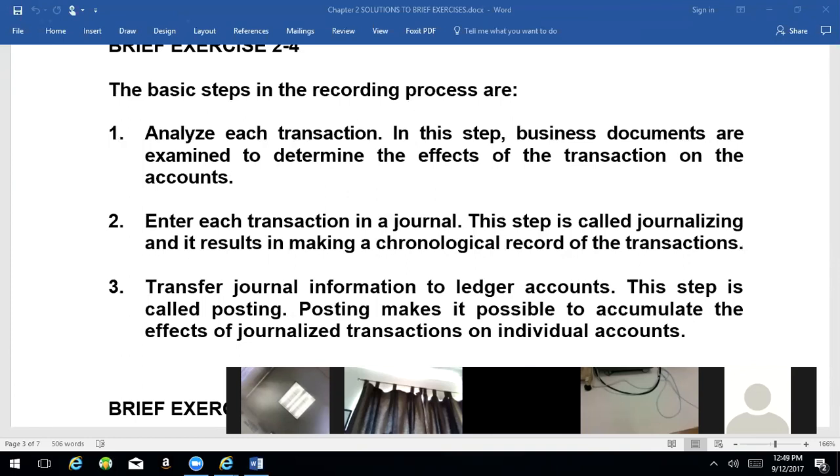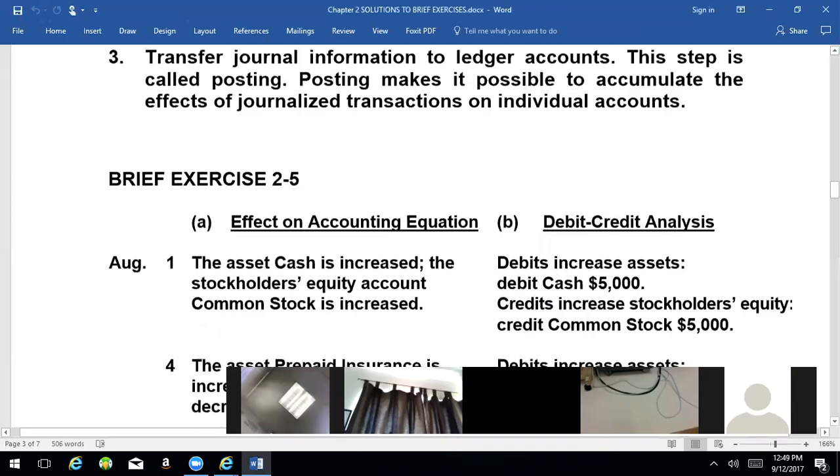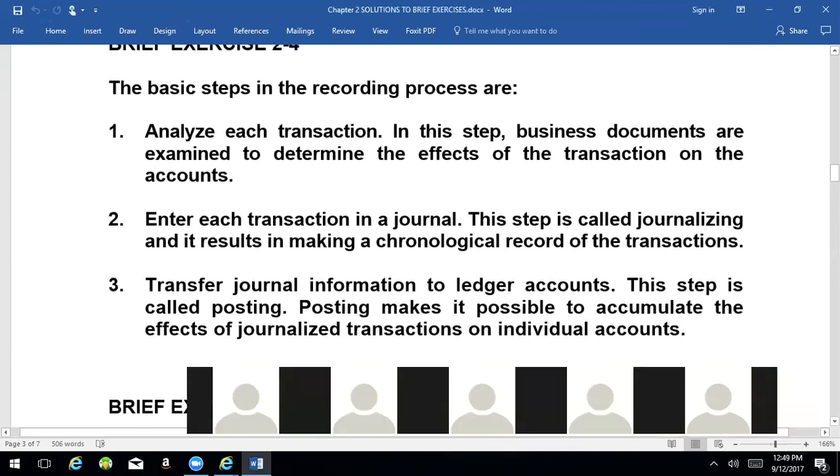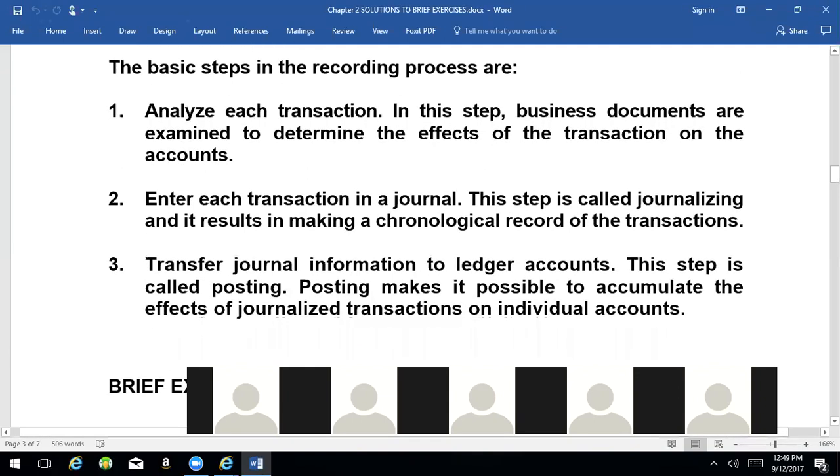So you're going to get a transaction like this that you'll have to break down, and you will not necessarily be told by the landlord or anyone else what it is that you're supposed to record, right? So you have to figure that out on your own, and that's what will happen at the test.